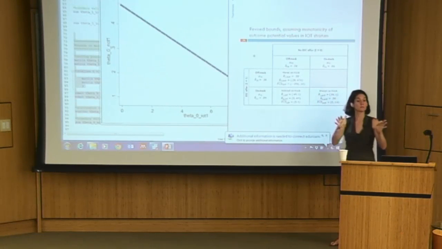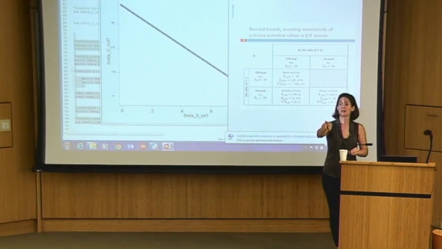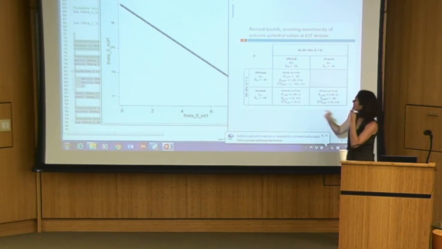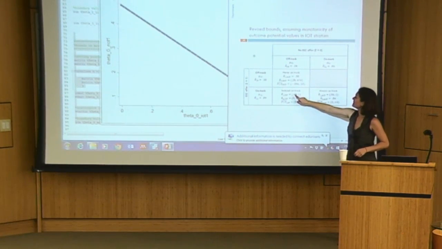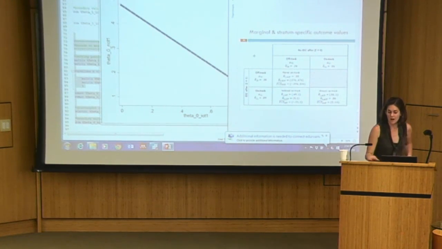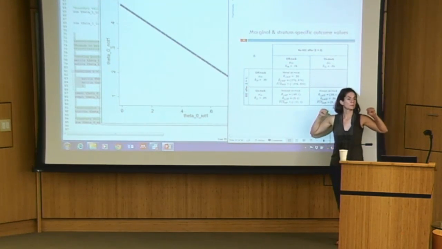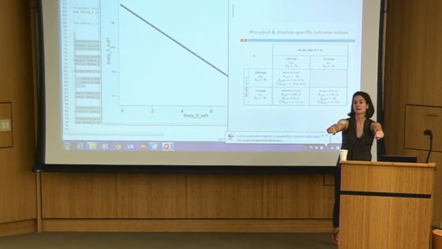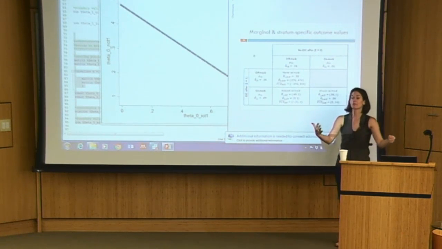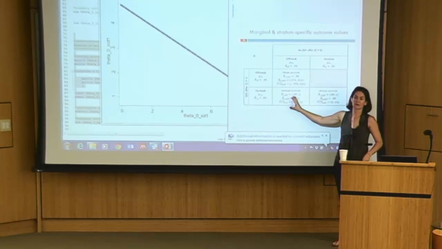So just one assumption that I want to offer, and I think this relates to an assumption that you guys made in your group, so I'm glad to see that. We might say, okay, in this induced on track cell, since these were the students who were really moved to be on track, then maybe it would be reasonable to argue that in this cell, the treatment effect really can't be negative, right?